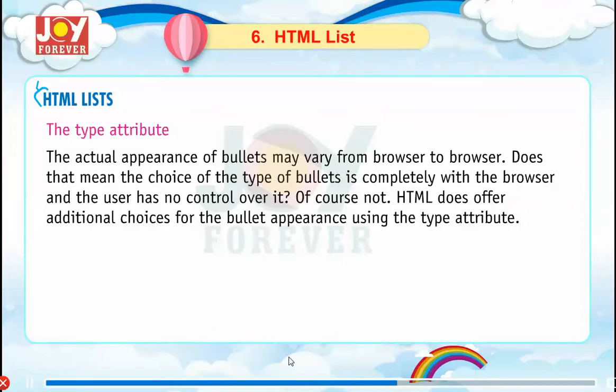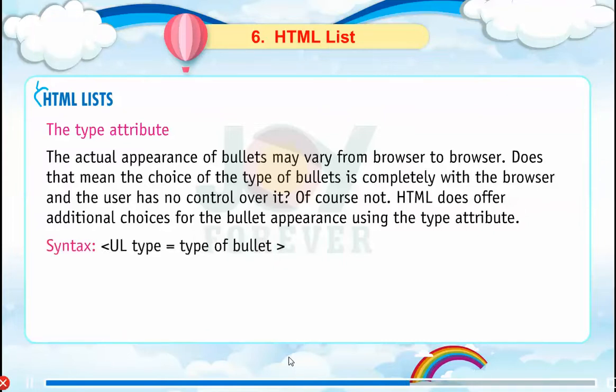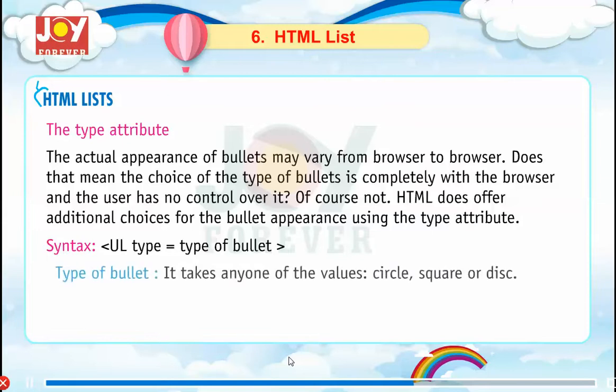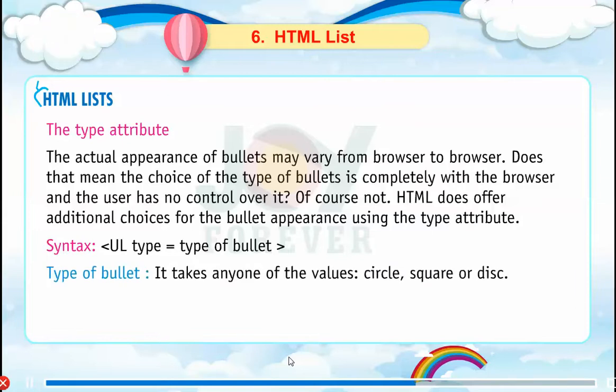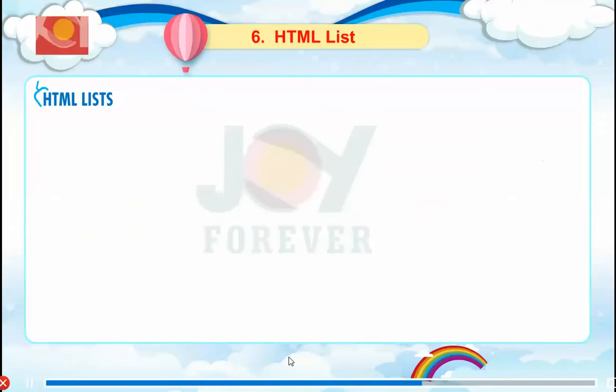Of course not. HTML does offer additional choices for the bullet appearances using the type attribute. Syntax: UL type equals type of bullet. It takes any one of the values circle, square or disk.